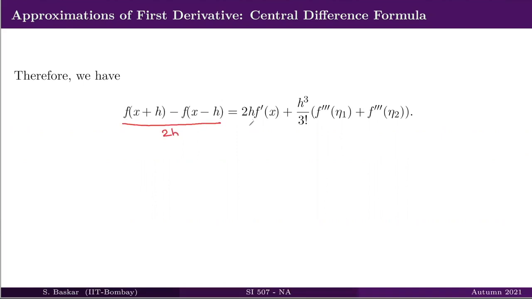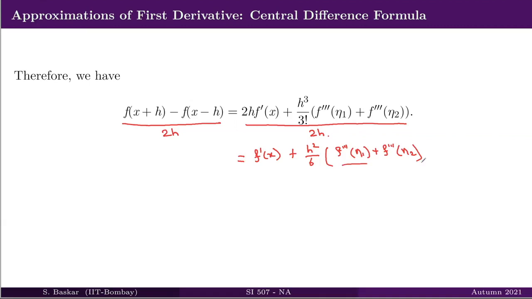Therefore, we will also divide the right-hand side of the expression by 2h, and thereby we get the right-hand side as f dash of x plus h square by 6 into f triple dash of eta 1 plus f triple dash of eta 2 divided by 2, right?